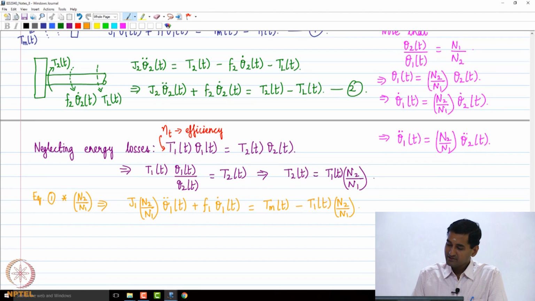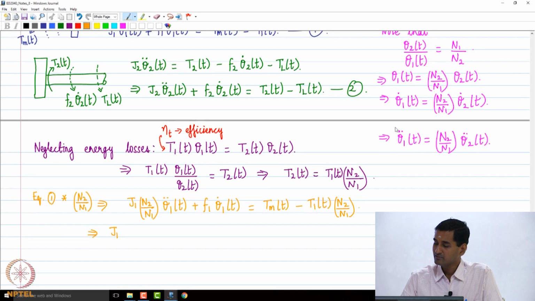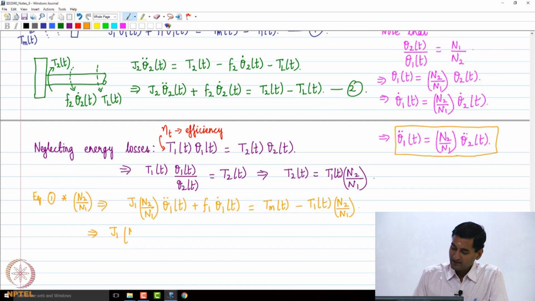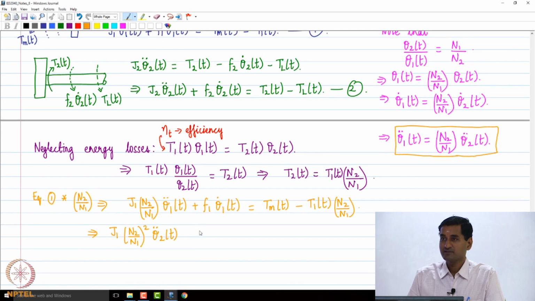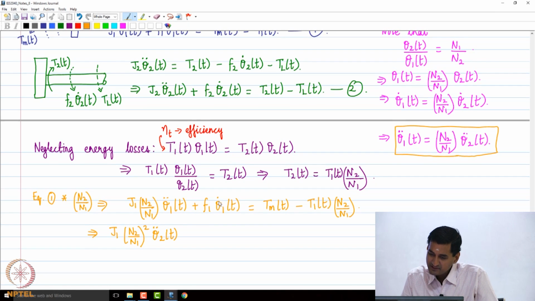Now I substitute for theta 1 double dot and theta 1 dot. Theta 1 double dot is N2 by N1 theta 2 double dot, so this will become N2 by N1 whole square theta 2 double dot. Of course, I think I missed an N2 by N1 here, because I am multiplying both sides by N2 by N1. Even F1 should be multiplied by N2 by N1, sorry about that. Yeah, even TMt.